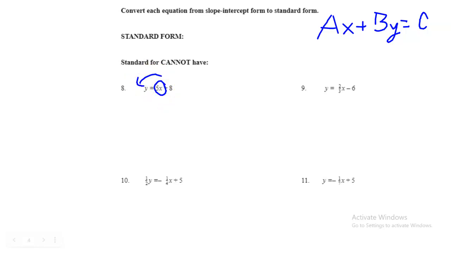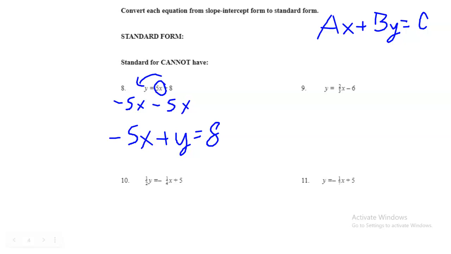So I'm going to do that by subtracting 5x from both sides. So if I subtract 5x from both sides, I get negative 5x plus y is equal to positive 8. Okay, so that is in standard form. So that one was pretty easy.